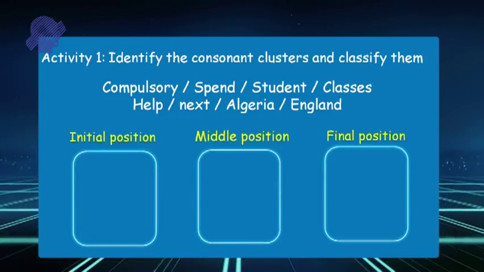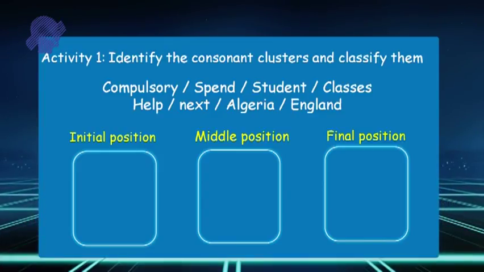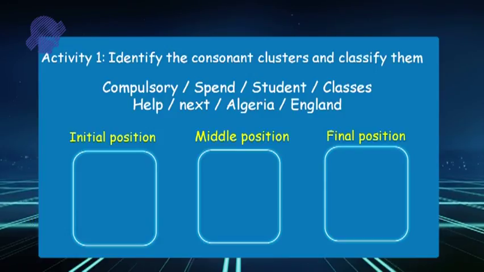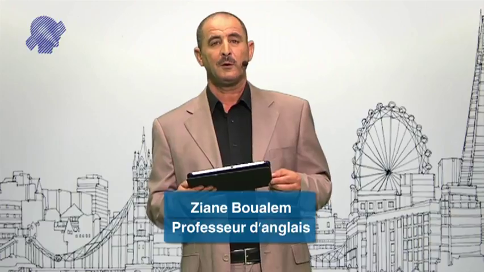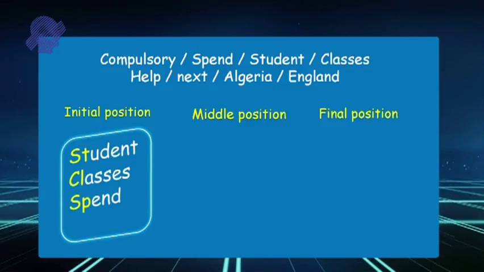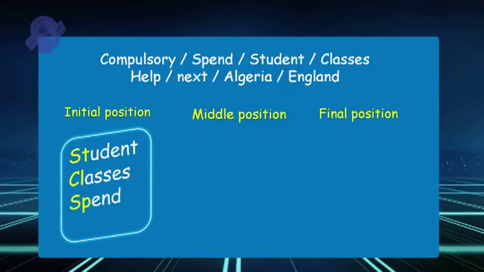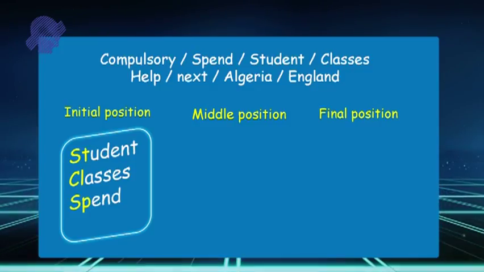Okay? I think, and I'm sure, you have found the right consonant clusters. So for initial position, you have got st in student, cl in classes, and sp in spend.